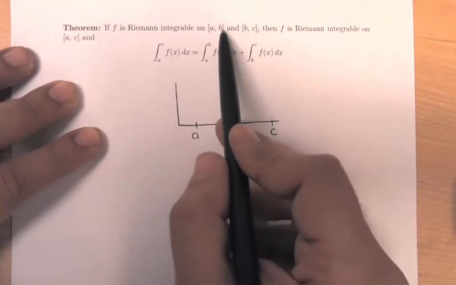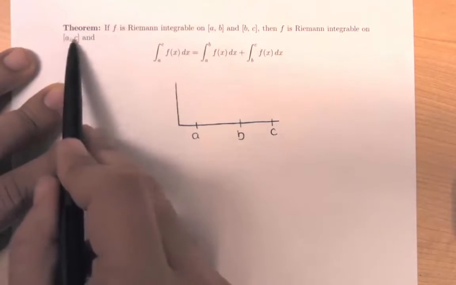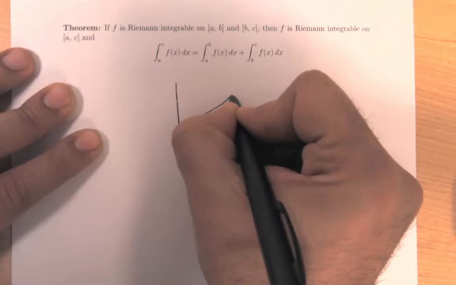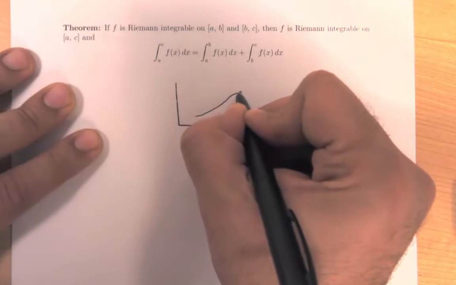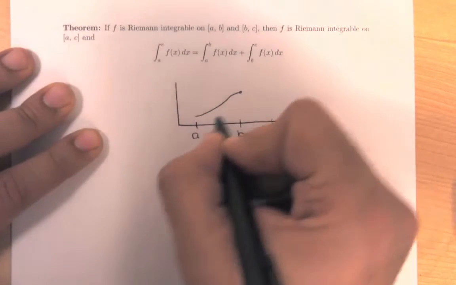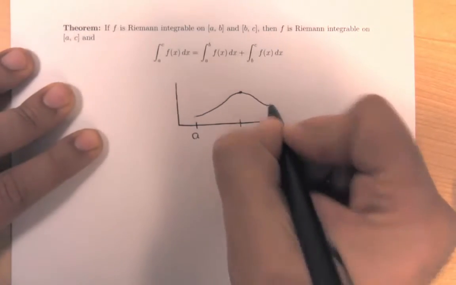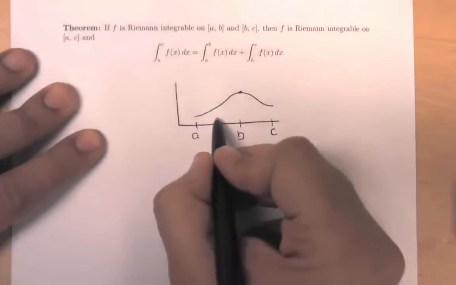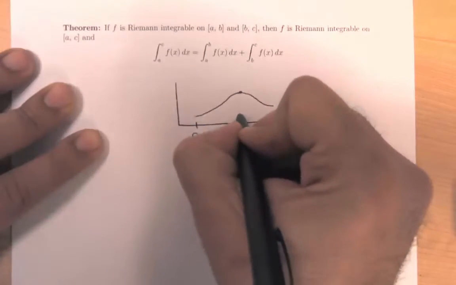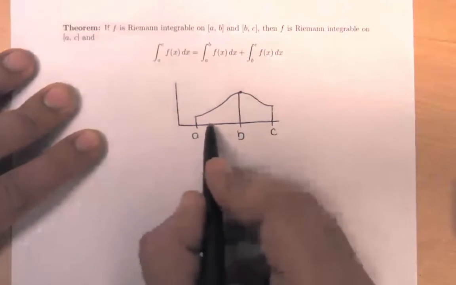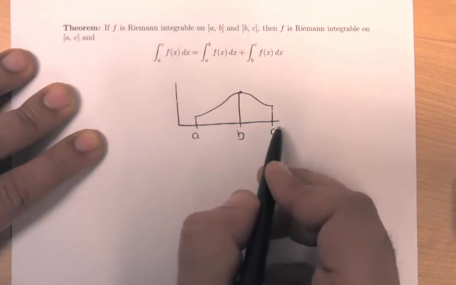If I take the union of these two, I get this. And so this is integrable, and so is this. So if I just sum this area plus this area, I get the area under the curve all the way from a to c.